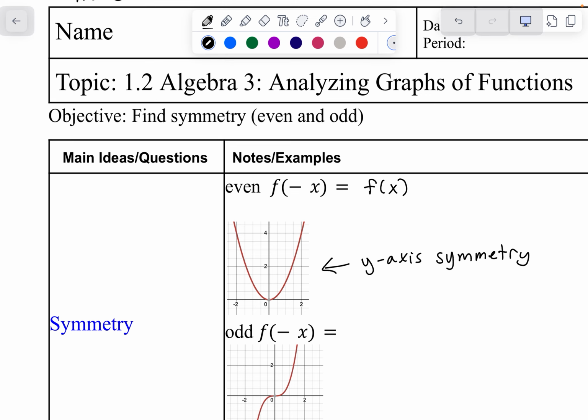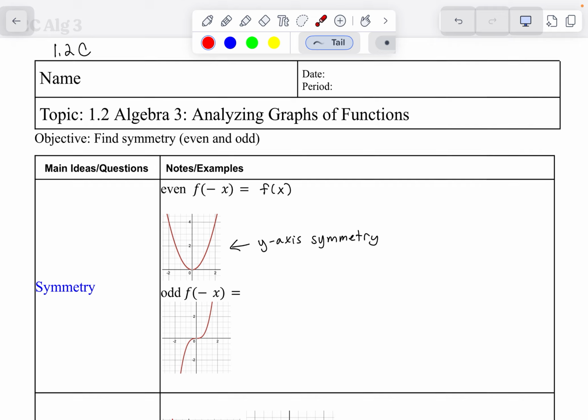So you can always tell an even function because you can fold it like a butterfly down the center. Think of the y-axis as the center of the butterfly, and you can fold it and the wings line up. So if we think about this being the middle of the butterfly, we can fold the symmetry up, and so it has y-axis symmetry.